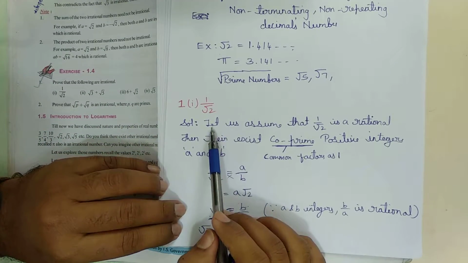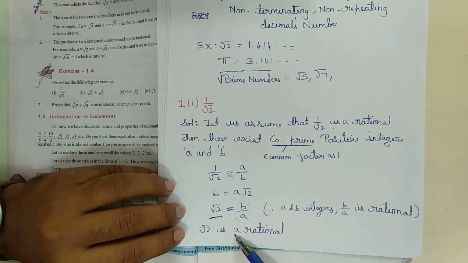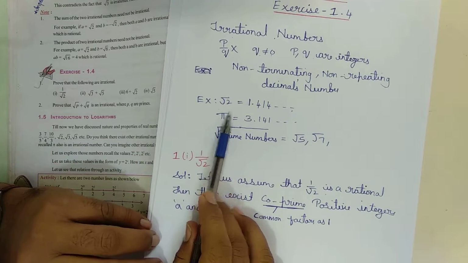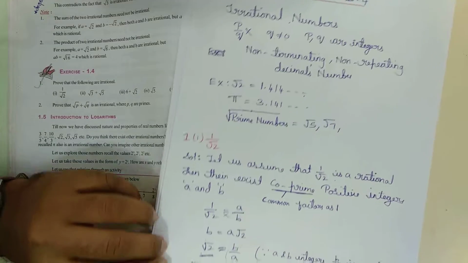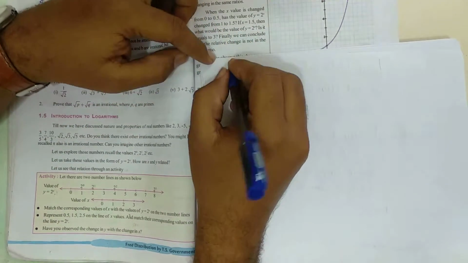How? By what we have assumed, we are saying that. But in reality, what is root 2? Root 2 is an irrational number. Therefore, what we have assumed is not correct.